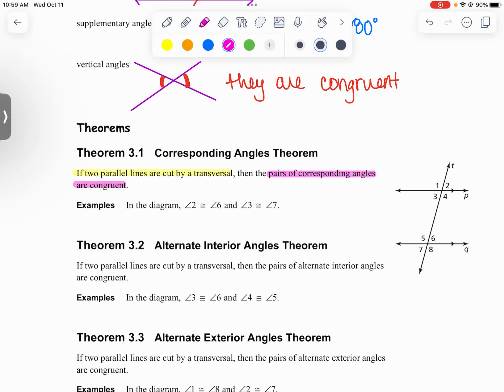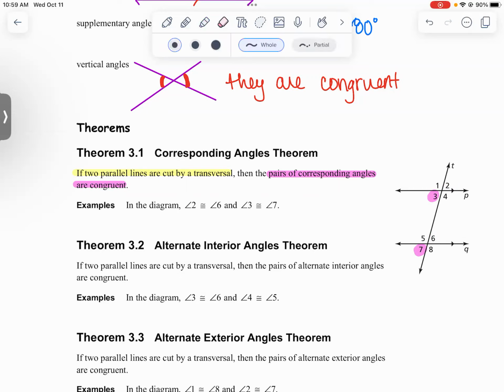So I'm going to highlight in this picture and then erase it because we're going to use this picture over and over, all right? So angle 2 and angle 6, they're corresponding because P and Q are parallel. We know by this theorem that our corresponding angles 2 and 6 are congruent. We also know that angles 3 and 7 are congruent because they are corresponding angles.